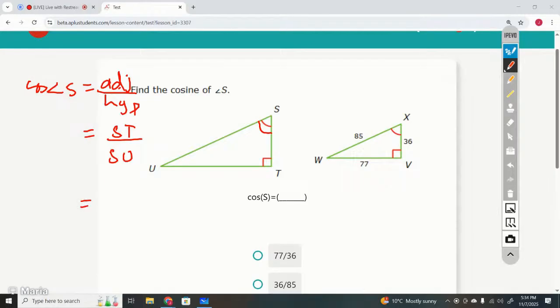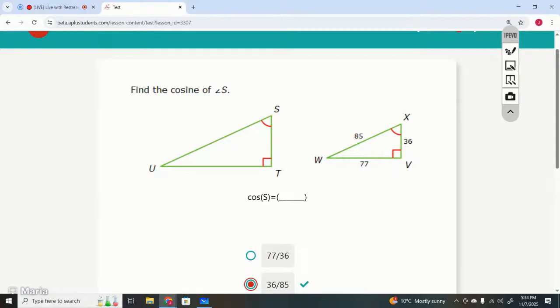So look at the measurements in the similar triangle. That is 36 divided by 85. Option number 2 is the correct option. That is 36 divided by 85.